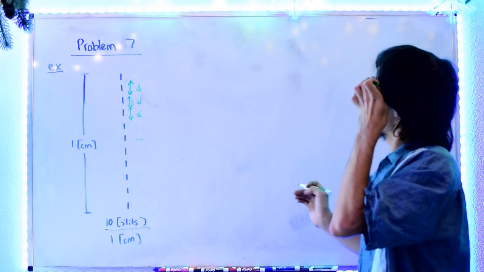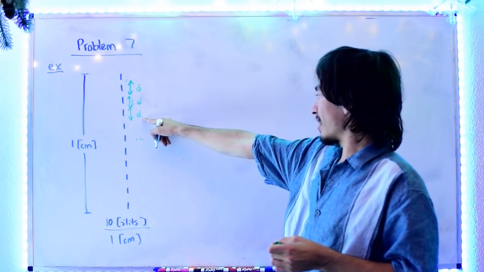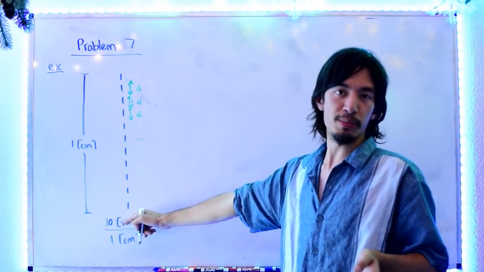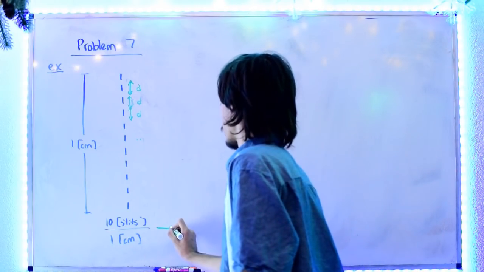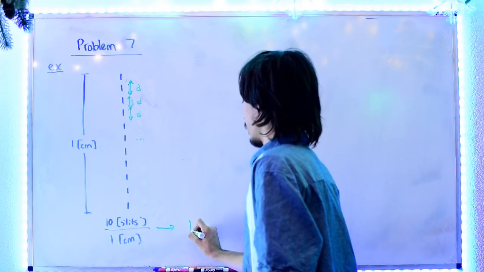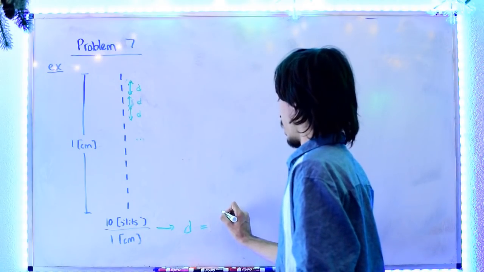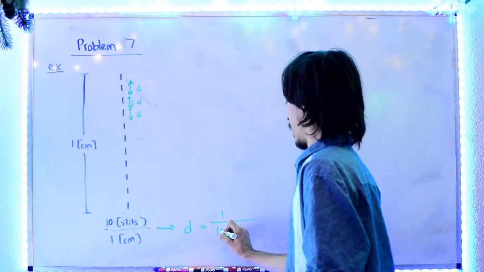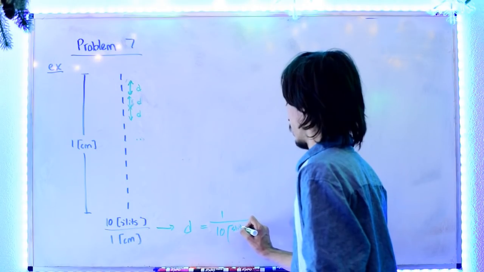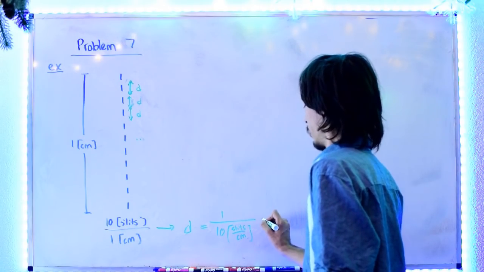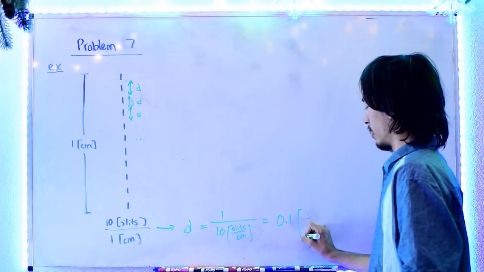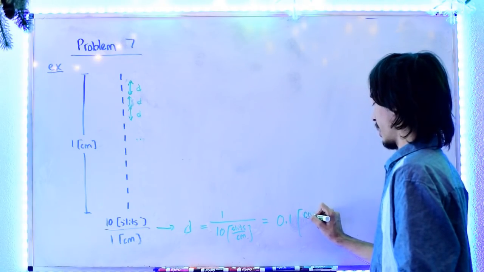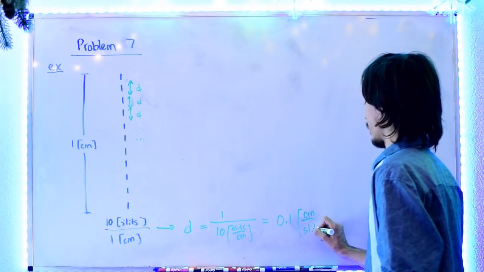Okay. So in order to get the distance d, if you're given how many slits per centimeter, all you do is you flip it. So d is actually just 1 over 10 slits per centimeter, so that you get 1/10, which is actually 0.1 centimeters per slit.